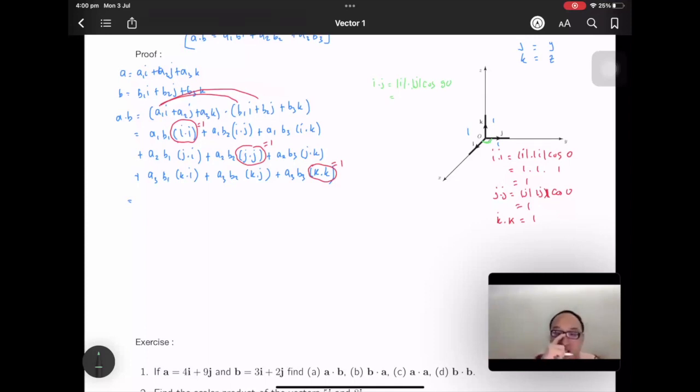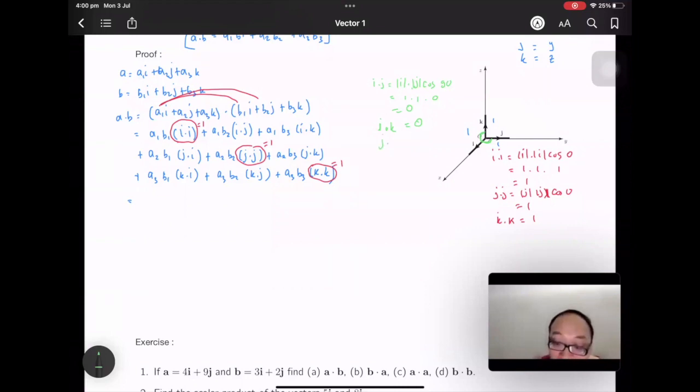Previously, we saw that for perpendicular vectors the scalar product is 1 times 1 times 0, which equals 0. So i dot j equals 0. i dot k, if you see, is also a right angle, so this equals 0 as well.